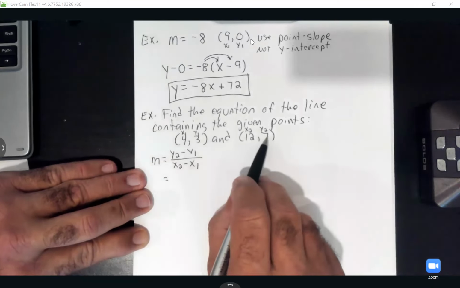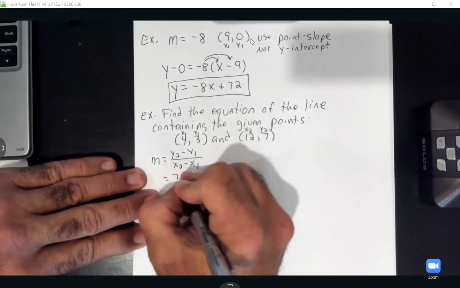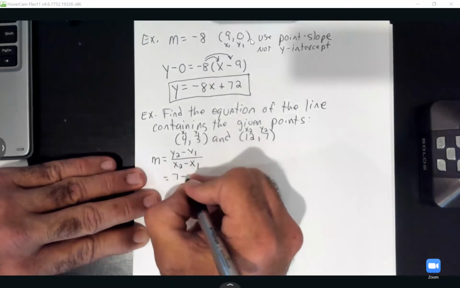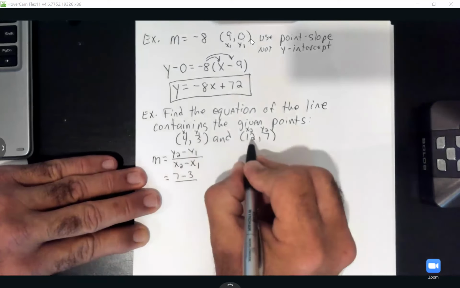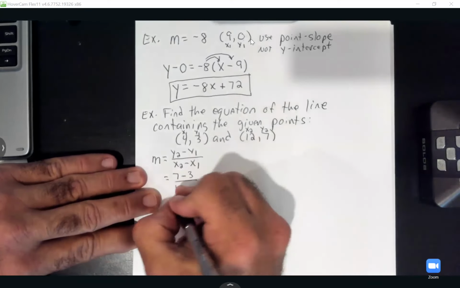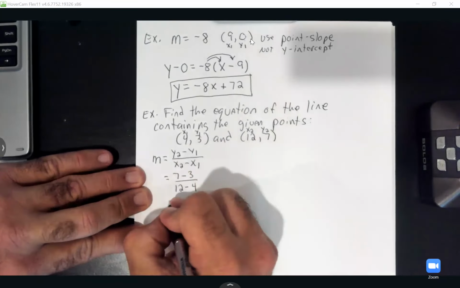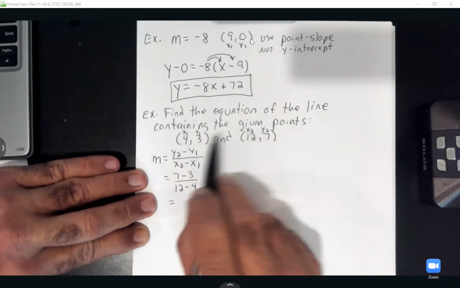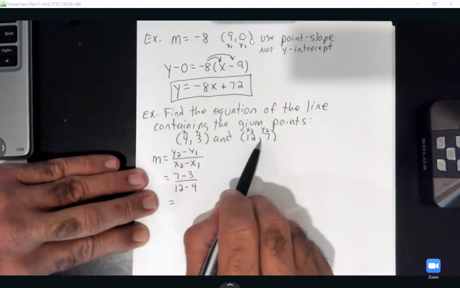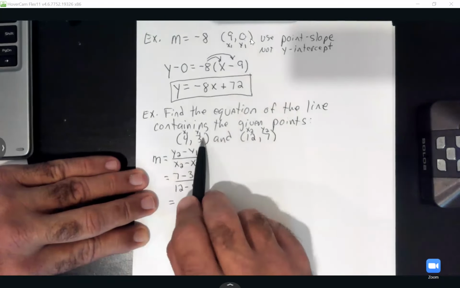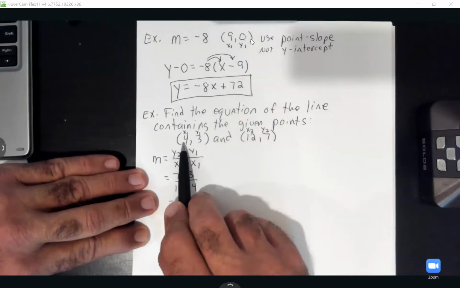So let's plug in what we got. Y2 is 7, minus y1 is 3. X2 is 12, minus x1 is 4. Now you always got to go in the same order on these. If you start with this y minus this one, you got to start with this x minus this one, okay?